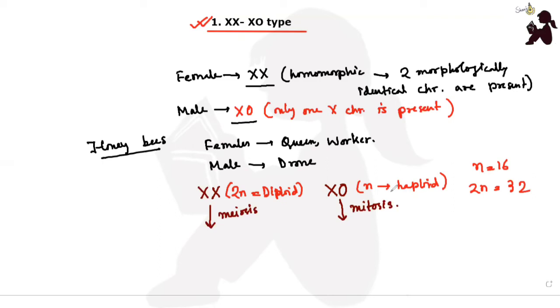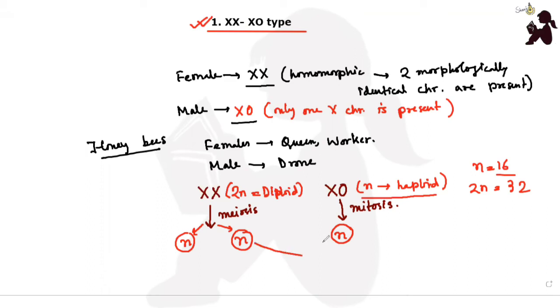Okay, now the result of meiosis will produce one n and the other n from the female individual, meaning 16 and 16. Okay, and the result of mitosis in the male will produce one single n gamete with 16 chromosomes, because it was previously in haploid condition.